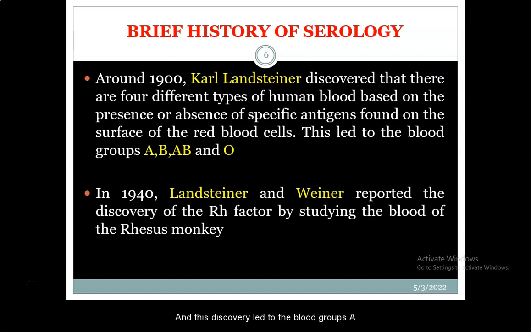And this discovery led to the blood groups A, B, AB, and O. In 1940, this same Landsteiner and Wiener reported the discovery of the Rh factor by studying the blood of the rhesus monkey.